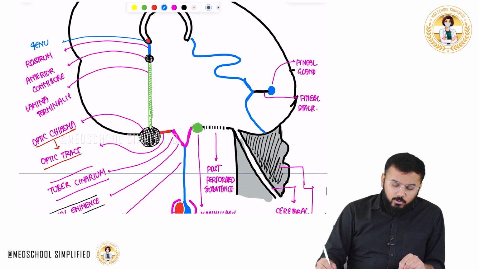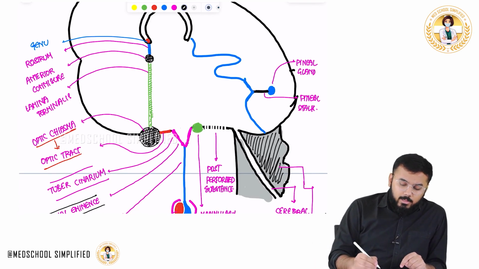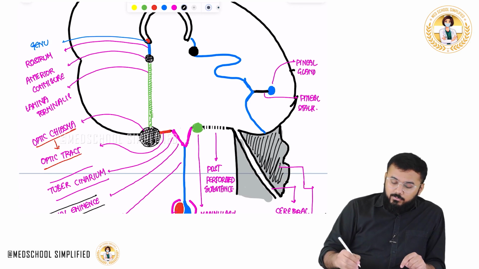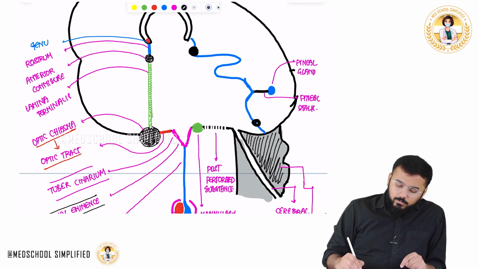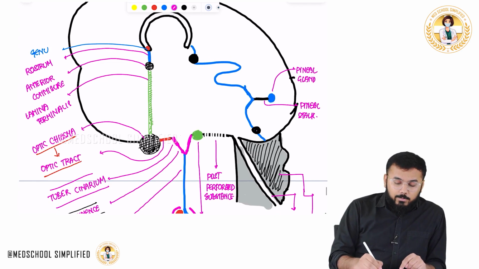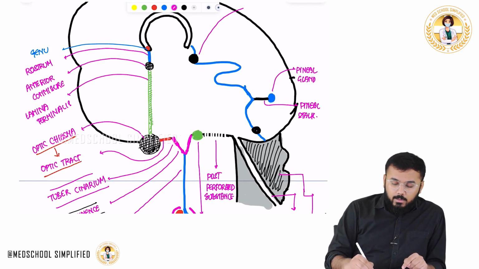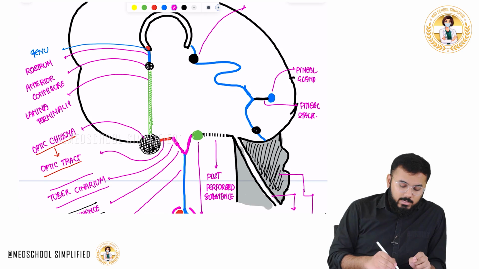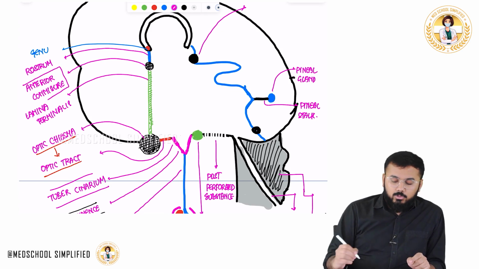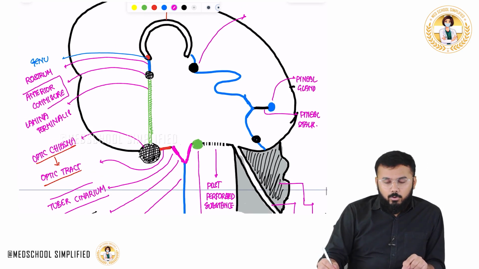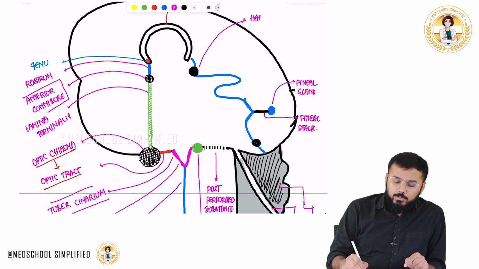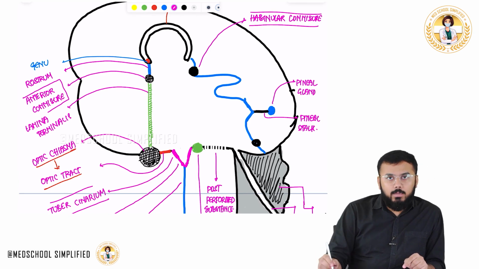Next important thing, if you look very closely at the superior lamina, near it you have got a commissure. If you look at the inferior lamina also, here you have got a commissure. Now the commissure located near the superior lamina, you might think, since in front of it there is the anterior commissure, that this will be called the posterior commissure, but no, this is called the habenular commissure.